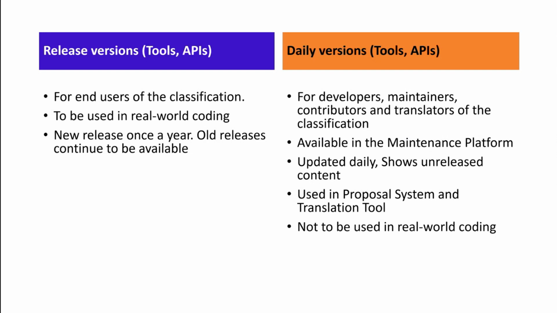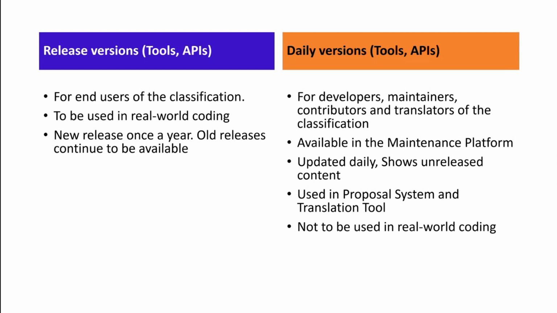They can already during the year catch up with the translations for the content that has changed within that year. And our translation tool has some features to show what has changed and what needs to be translated. And of course, very importantly, this daily version should not be used in real world coding of cases.